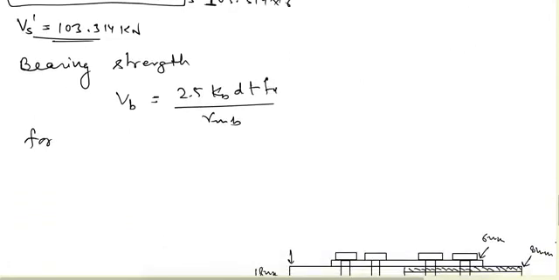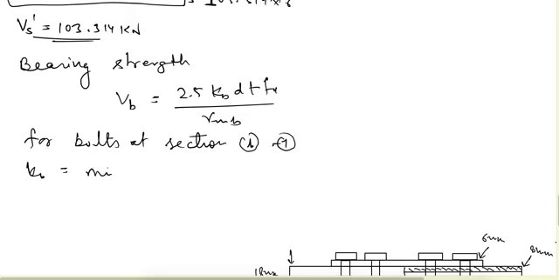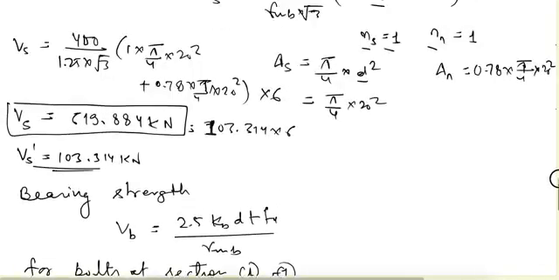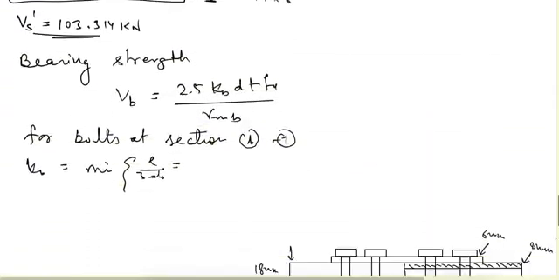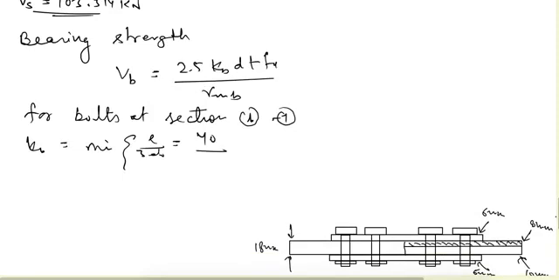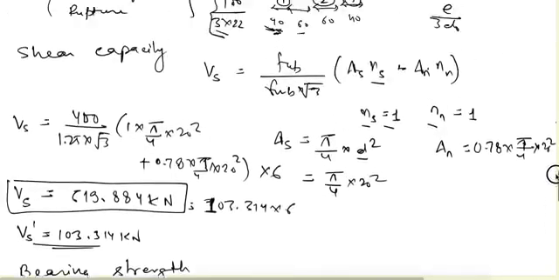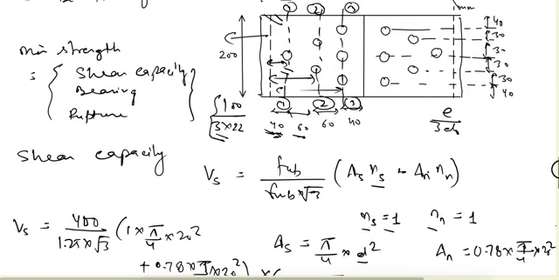For bolts at section 1-1, kb is equal to the minimum of e upon 3d0, where e here is 40, so 40 upon 3 into 22, that is 66, and p upon 3d0 minus 0.25, where the value of p is 60.